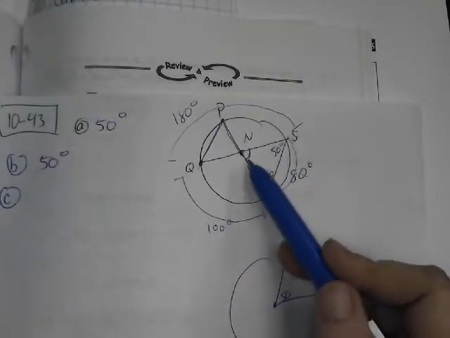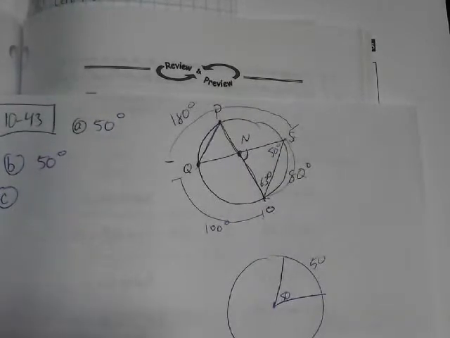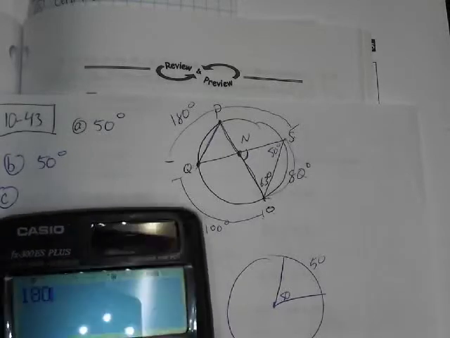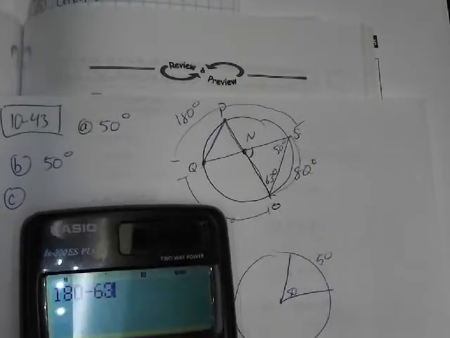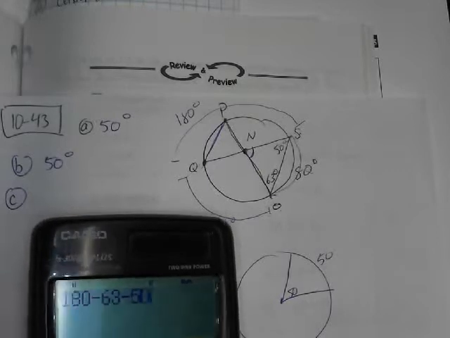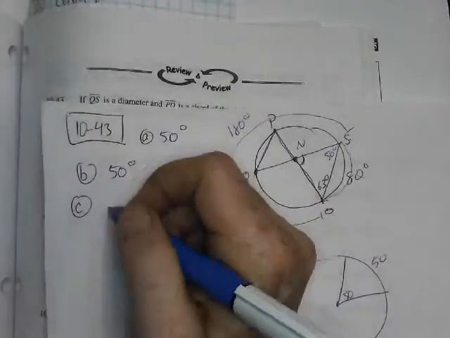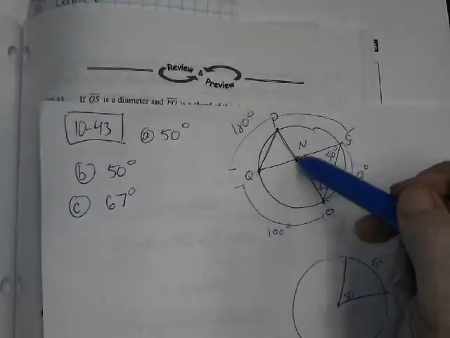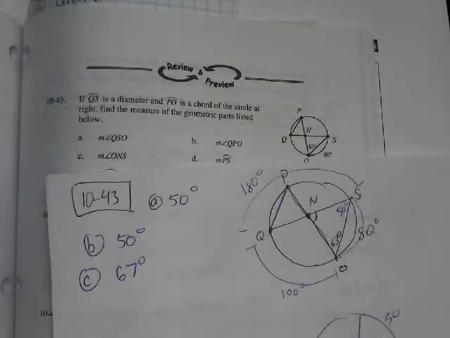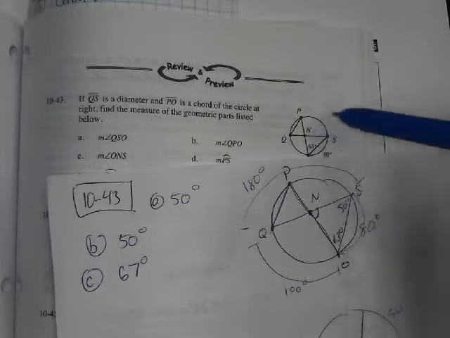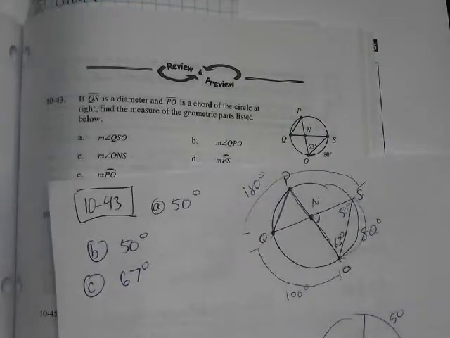We know triangles add up to how many? 180. Yeah, 180 minus 63 minus 50. That's 67. I think they wanted to trick us by making it look kind of like it might be the center, when even in the book you can tell it's really not. Okay, that was letter C.